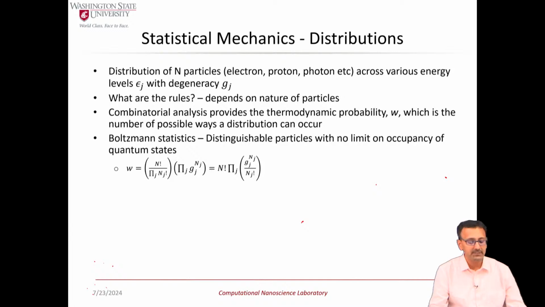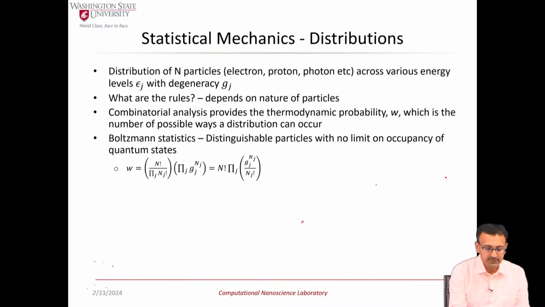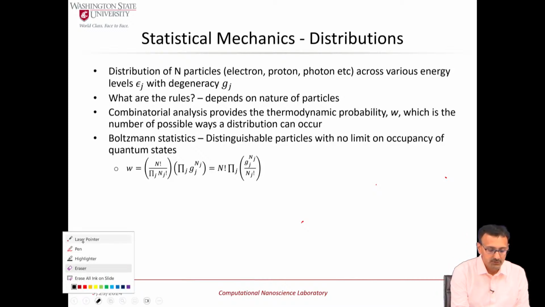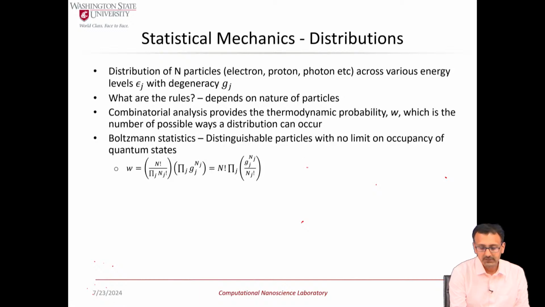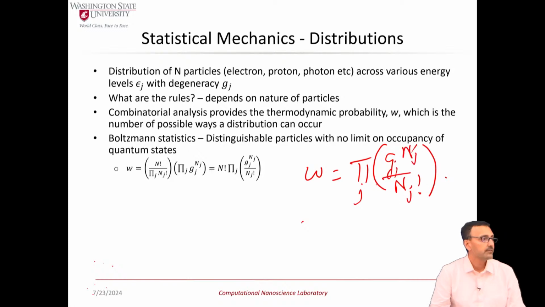And when that happens, then all of these distributions kind of converge to, I can write this expression here, modified Boltzmann expression or distribution, which is basically omega, the thermodynamic probability, is this, okay? And this one will be physically meaningful.